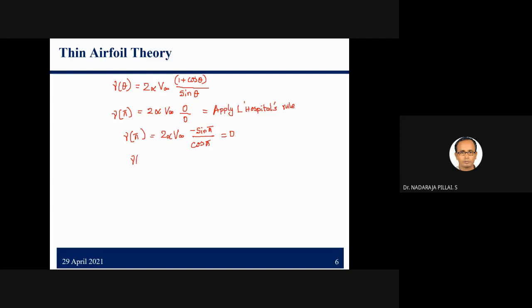So gamma of pi is equal to 0, that is, gamma at the trailing edge equals 0, which satisfies the Kutta condition.